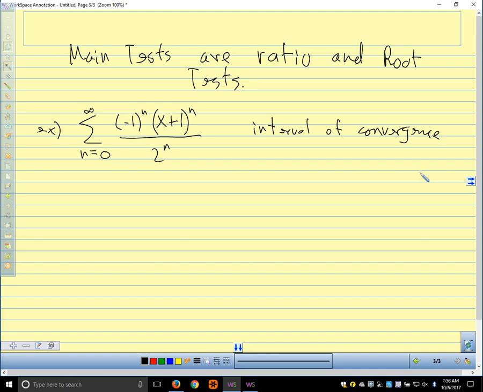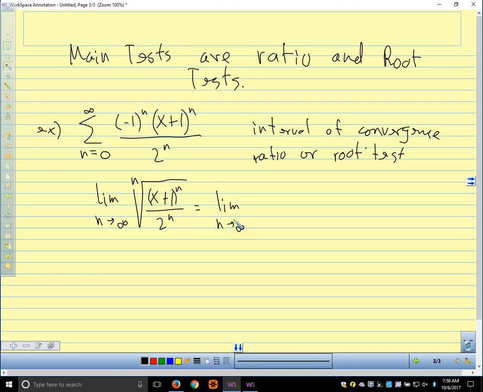For this one we can use the ratio or the root test. Either one would work. The root test works pretty nicely. So let's look at the limit as n approaches infinity of the nth root of the absolute value of (x plus 1)^n over 2^n, which is just the limit as n approaches infinity of the absolute value of x plus 1 over 2.